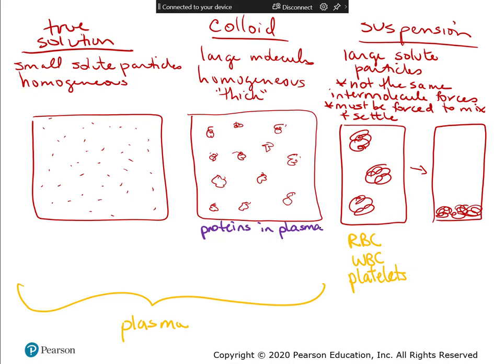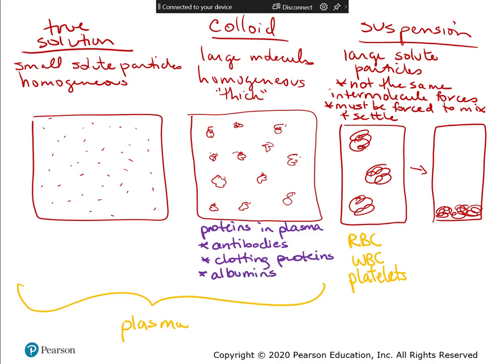You can't see the proteins in Jell-O. They're big, but they're dissolved. But they are the reason that plasma is thicker than water. These proteins are things like antibodies, clotting proteins, and proteins that help maintain water balance inside of the blood, which are called albumins.